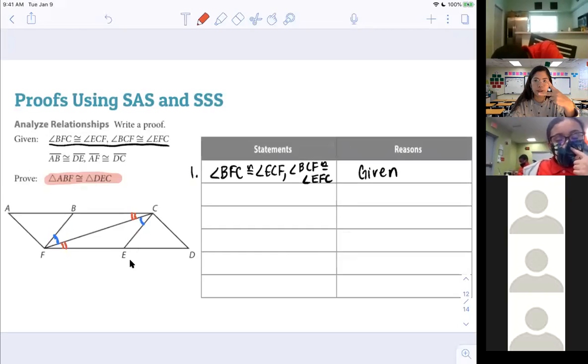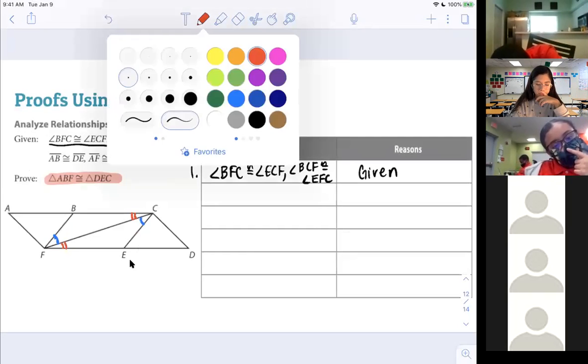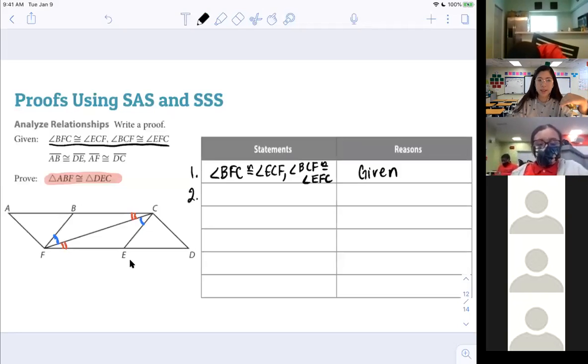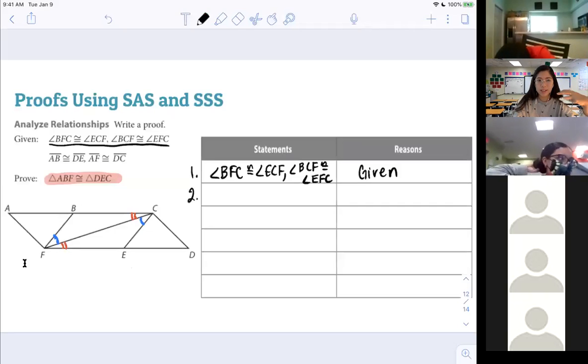We know two angles between them are congruent. What am I missing to prove that the whole triangle is congruent? The other angle? I have two angles. What else do I need? A side, right? If I'm trying to use ASA, I need a side.